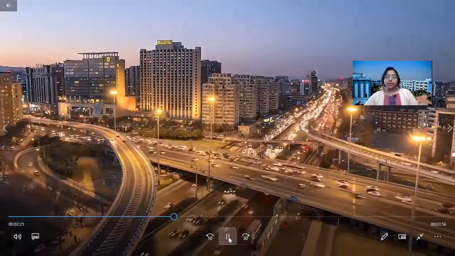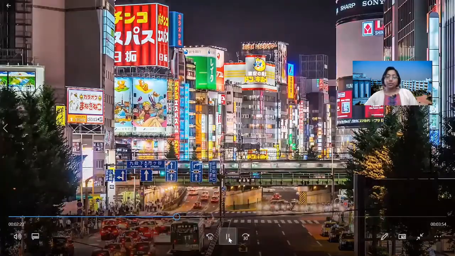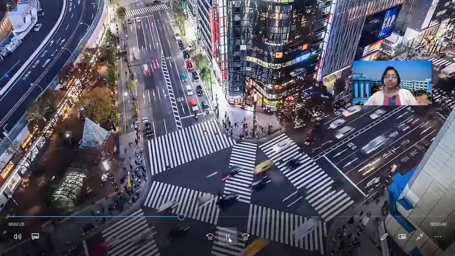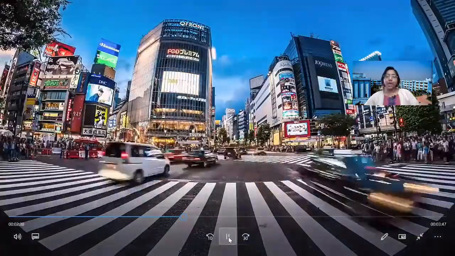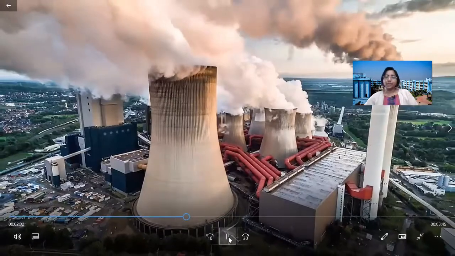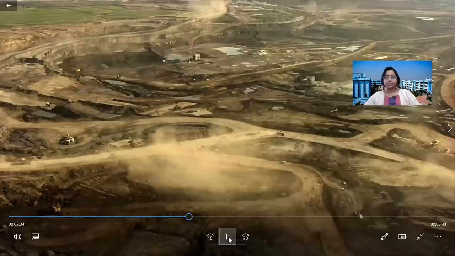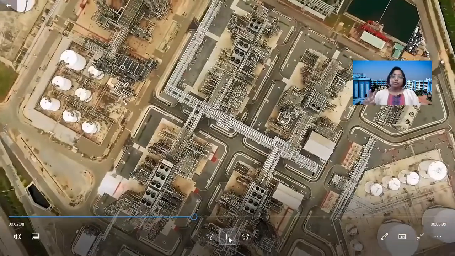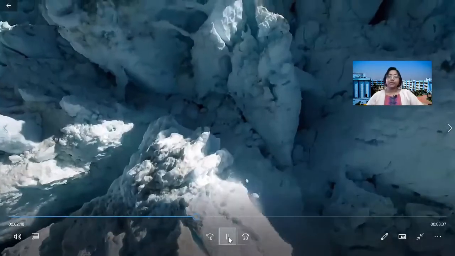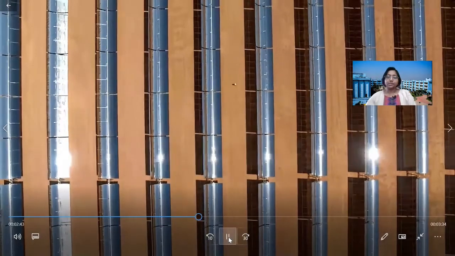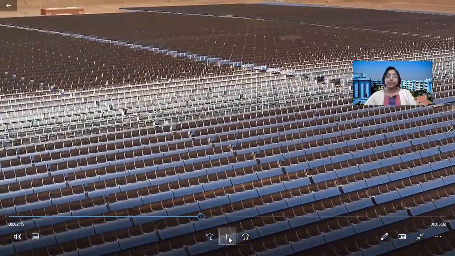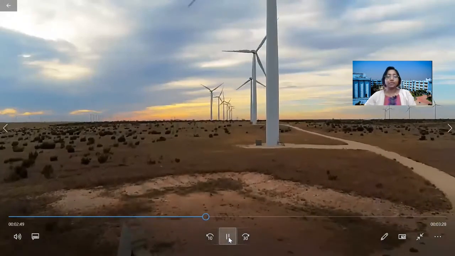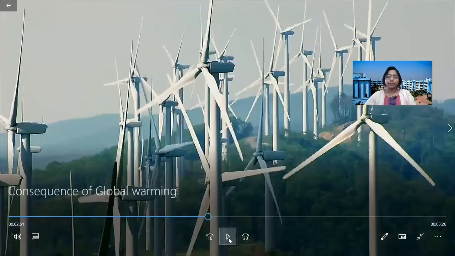So the only way to reduce the use of fossil fuel is to adopt either solar energy or wind energy. I told you what the greenhouse gases are. We have to reduce the emission of greenhouse gases so that we can reduce global warming.